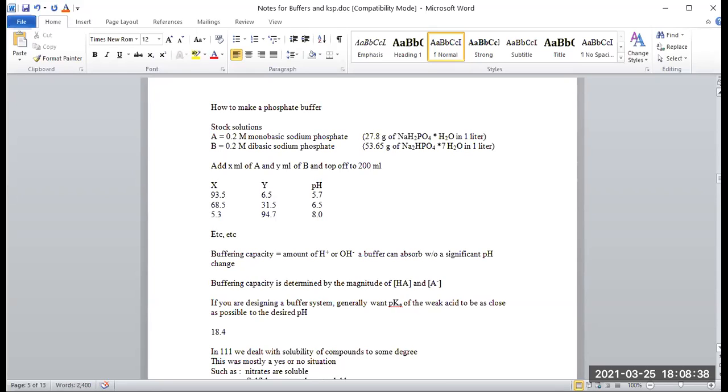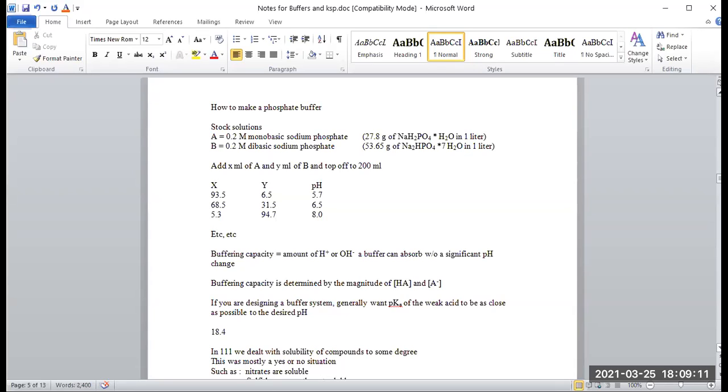The buffering capacity is how much you can put in without much change. So like back earlier on Tuesday, we were looking at adding 2 mils of a relatively concentrated acid to some of our buffer solutions. You could probably add 15 or 20 mils, likely, before you start running out of the ability to buffer against the pH change.